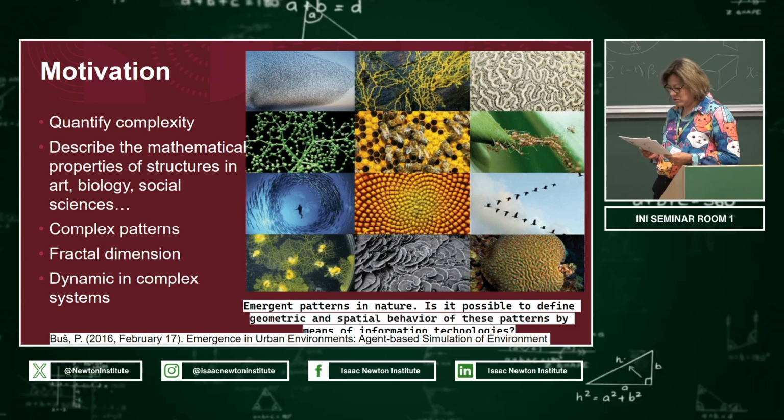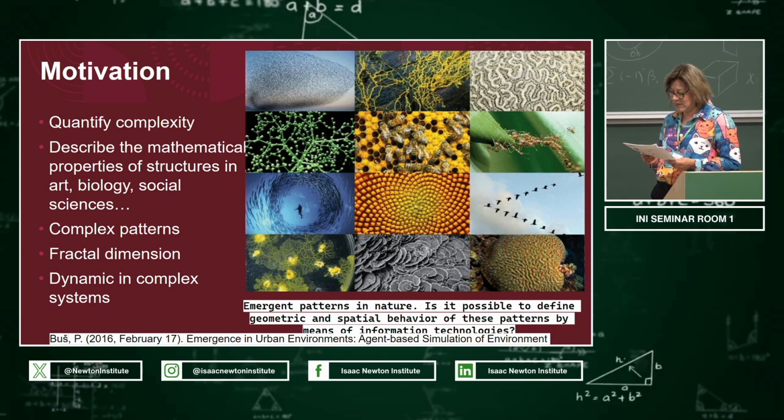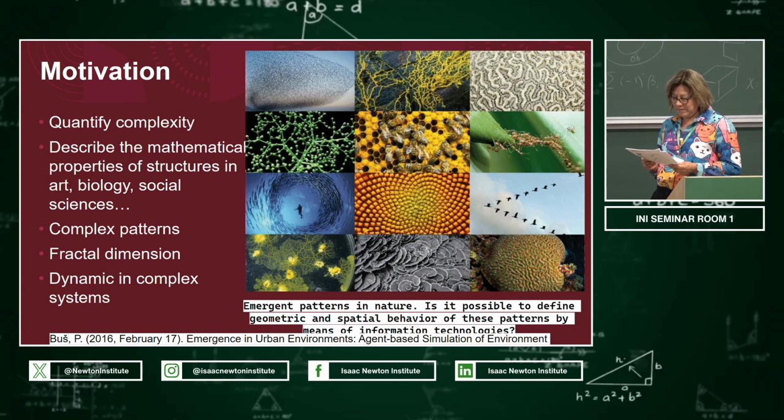A fractal dimension, I believe, is one of the most commonly used measures. And the basic idea is to understand the patterns that emerge in nature, define their geometry, spatial, and temporal behavior, and in that way, better understand the dynamics of complex systems.